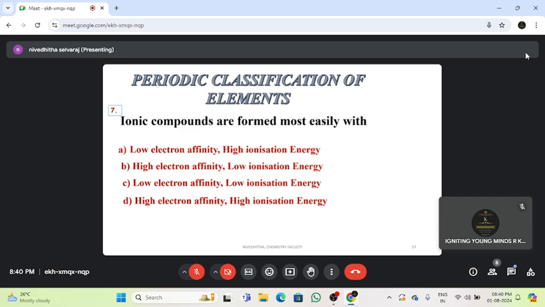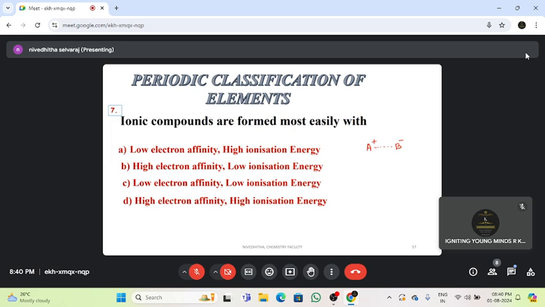So let us take A and B. To form an ionic bond between A and B, A has to lose its electron completely, so that electron has to be transferred to B. So A will gain a positive charge and B will gain a negative charge. And the electrostatic force of attraction between A plus and B minus is basically the ionic bond, right?